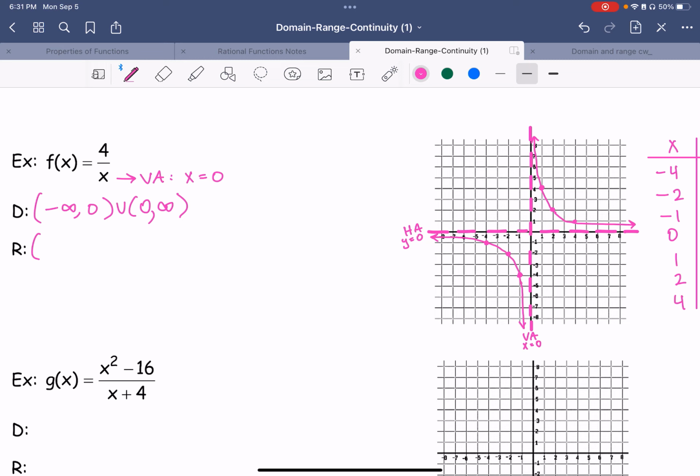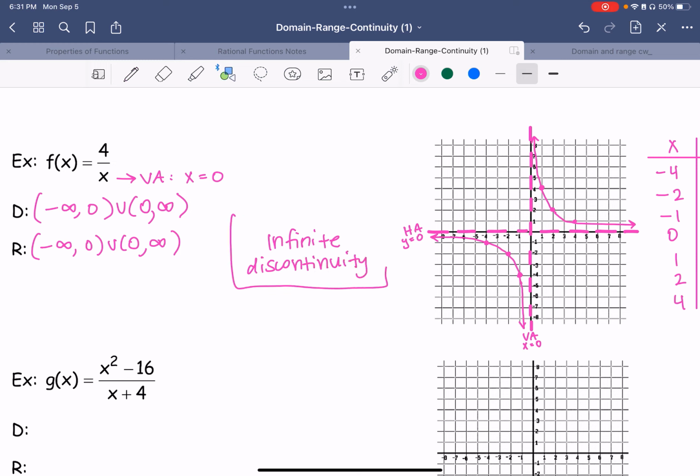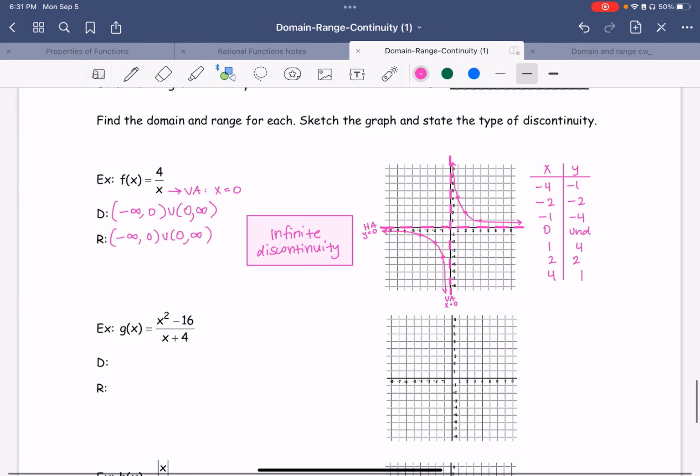So the range here will also be all real numbers except 0 because of the horizontal asymptote. And remember that vertical asymptotes are the same word, the same meaning as an infinite discontinuity. So this is a type of infinite discontinuity. You can see the vertical asymptote. Okay, so that's the first example.